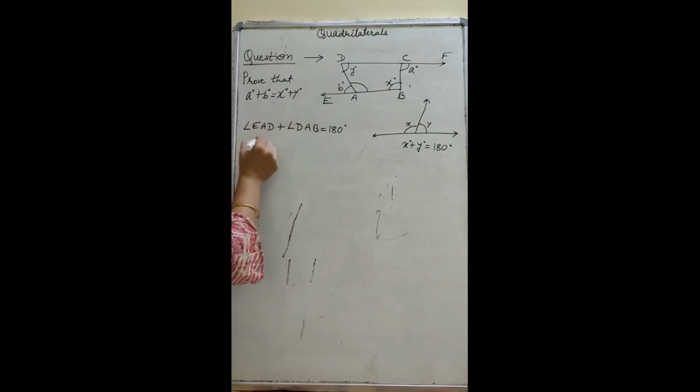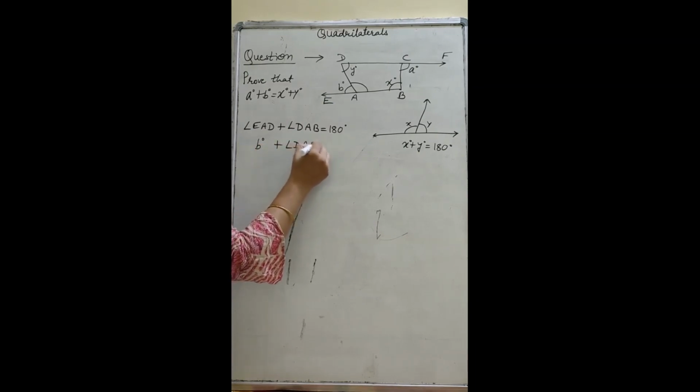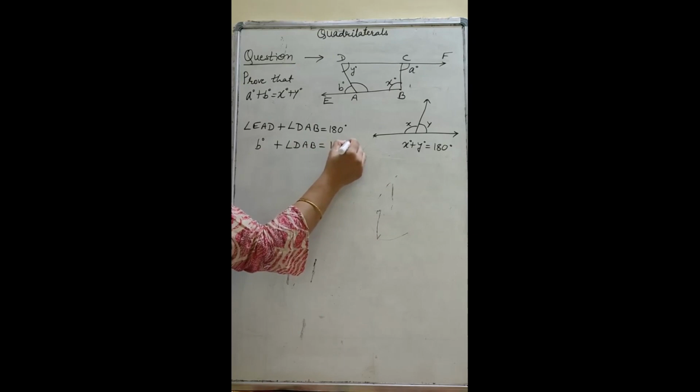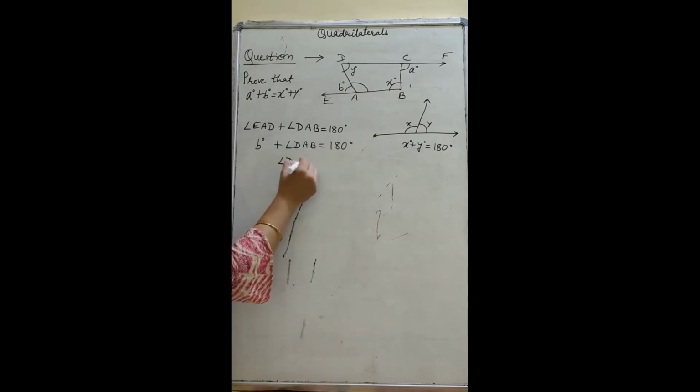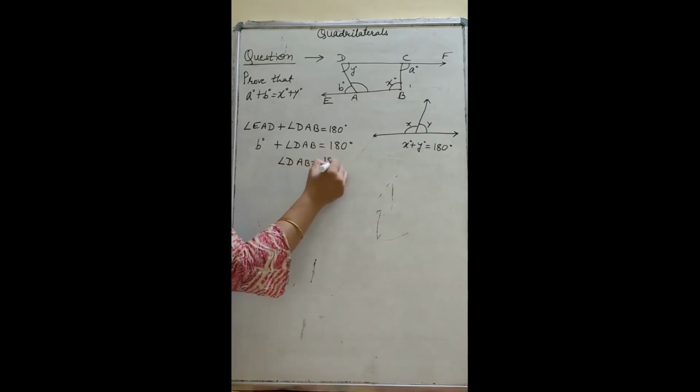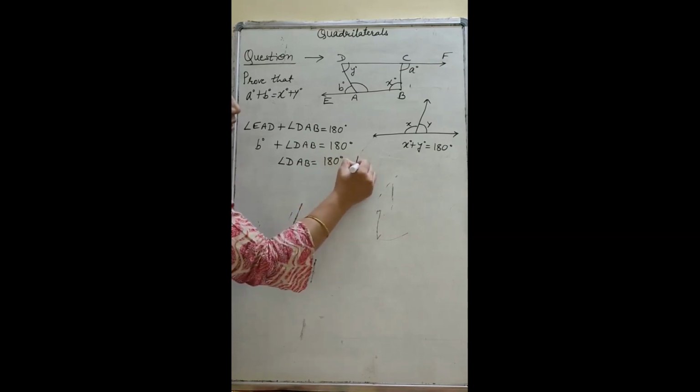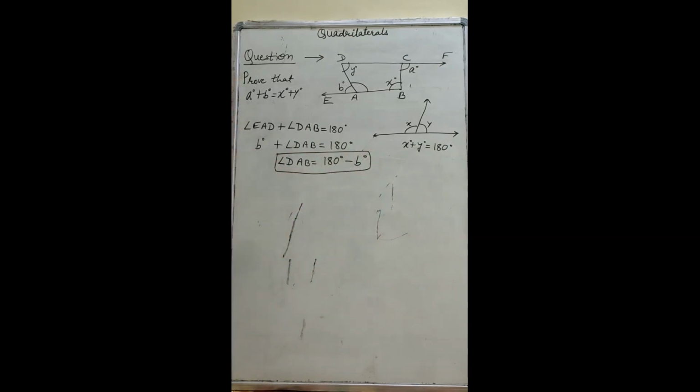This is B degree, so I am going to replace the value of angle EAD, plus angle DAB is 180 degrees. Now angle DAB is equal to 180 degrees minus B degrees. This is the value of angle DAB.